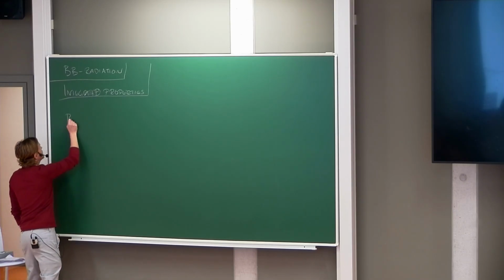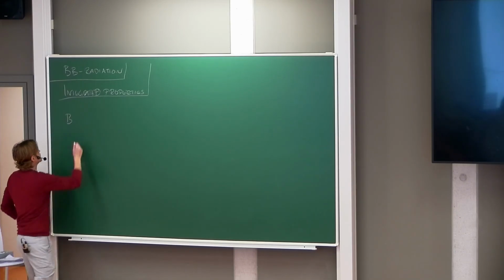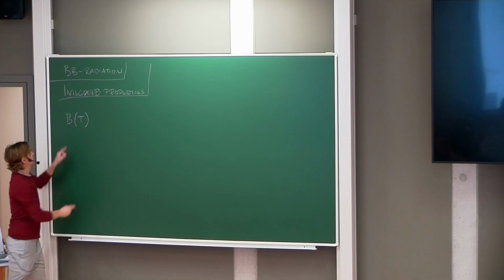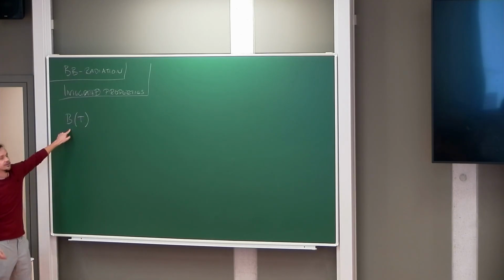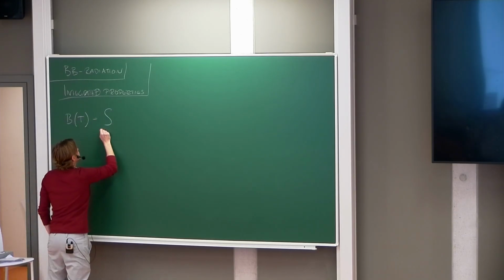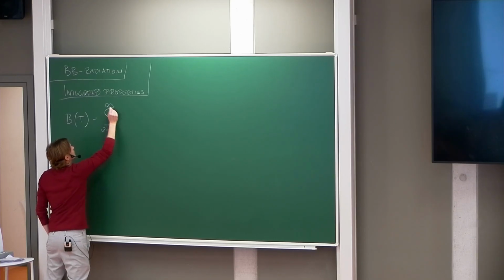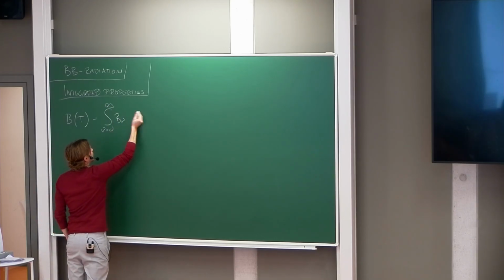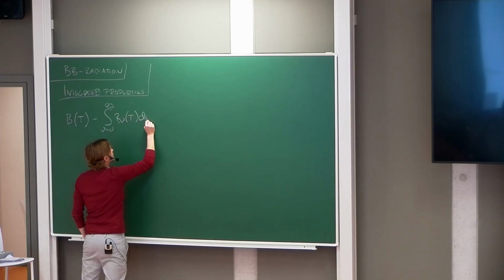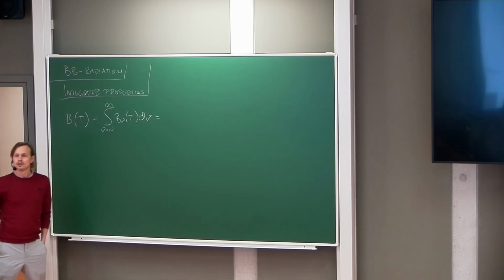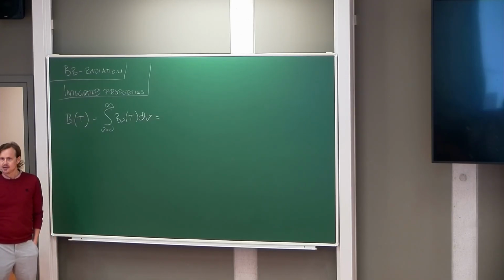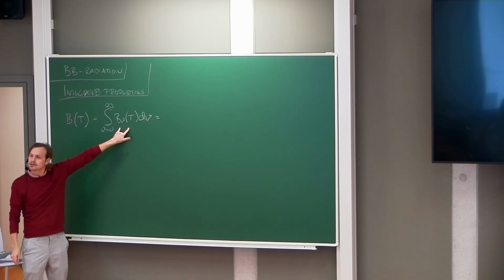Well, I just mean that if you have a given temperature, then the integrated blackbody radiation law is just the Planck function at a given temperature integrated over all frequencies. Remember, there was no angular dependence in the Planck function. That will come back several times today. It's isotropic.